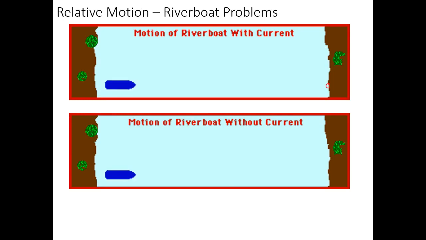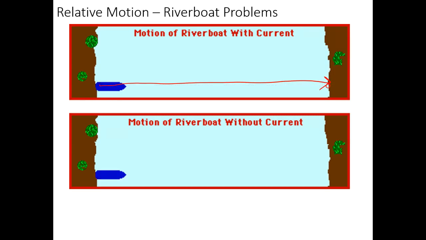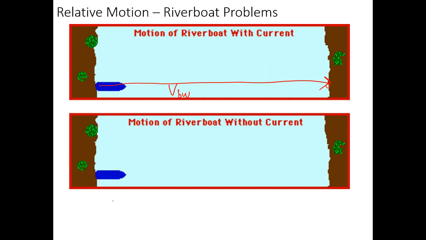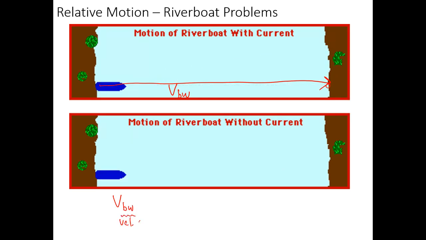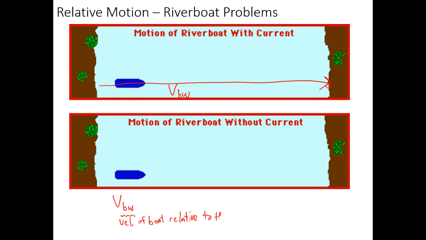Okay, so with this question, we're going to look at this boat. He is heading straight across the water. I'm going to label this as V with a subscript of BW, and I'll talk about that down here, because really what we're going to look at is the velocity of this boat, hence the B, relative to the water.